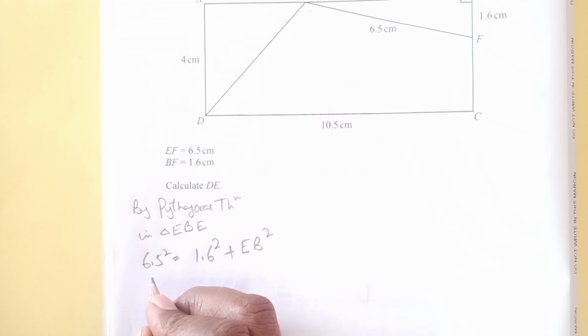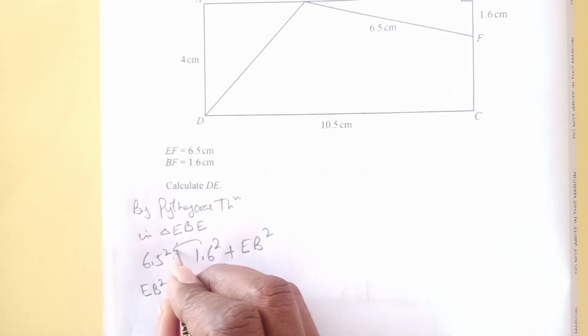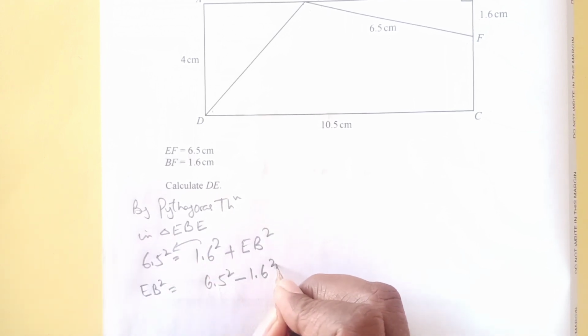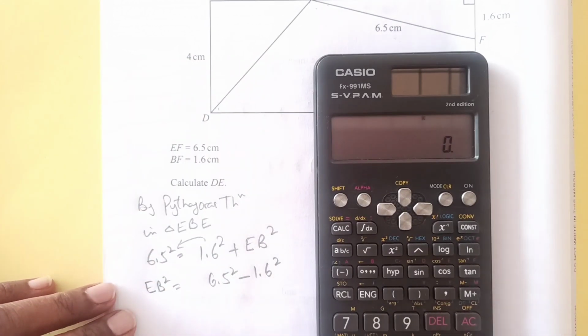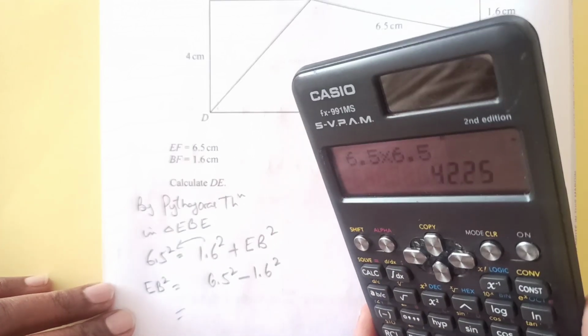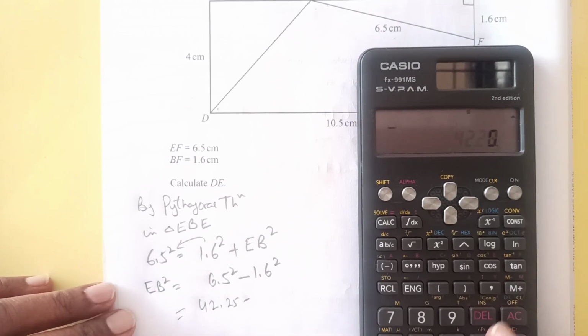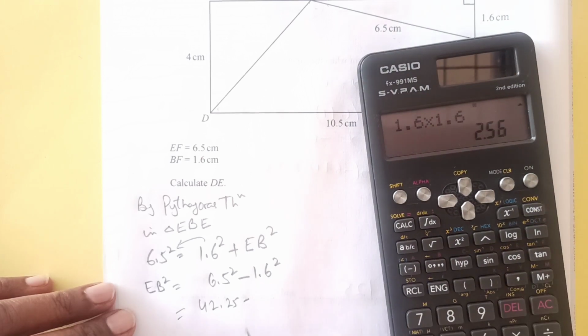So 6.5 squared, EB squared is going to be 6.5 squared minus, shifting this to the other side, 1.6 squared, right? 6.5 squared, let's see, 6.5 times 6.5 is 42.25. 1.6 times 1.6 is 2.56.